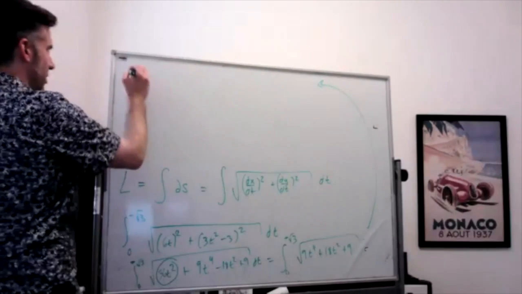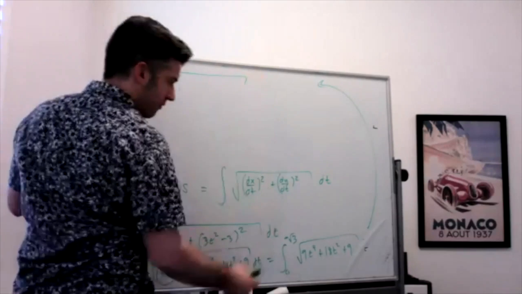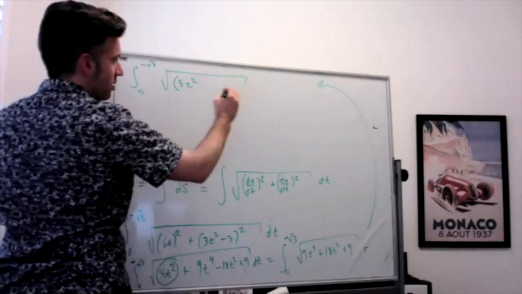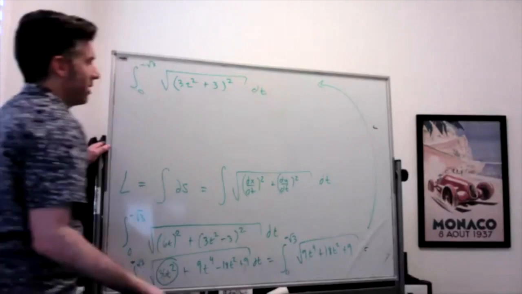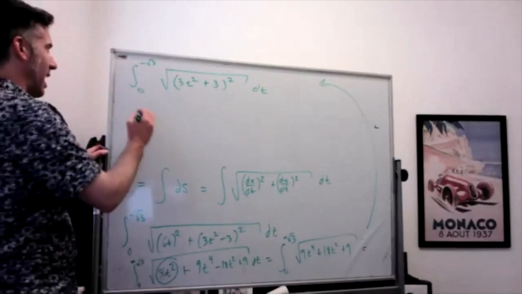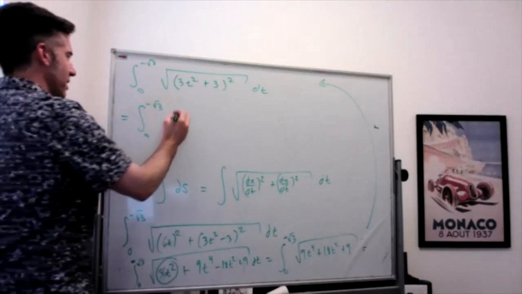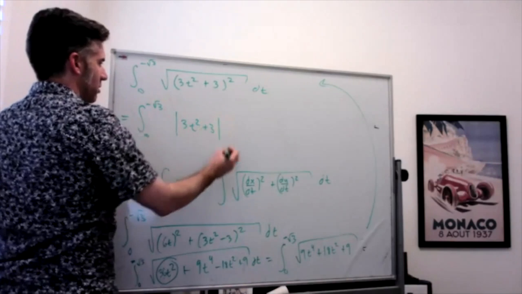That's exactly going to be the integral from 0 to negative √3 of the square root of (3t squared plus 3) squared. And then the square root of that is actually the absolute value. So it's equal to the integral from 0 to negative √3 of the absolute value of 3t squared plus 3.